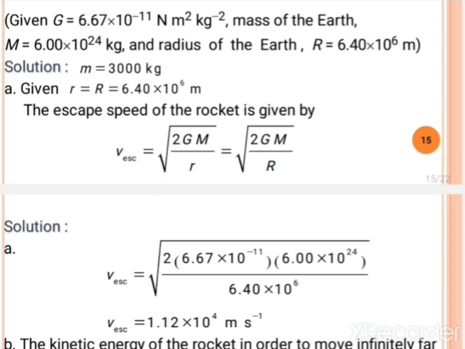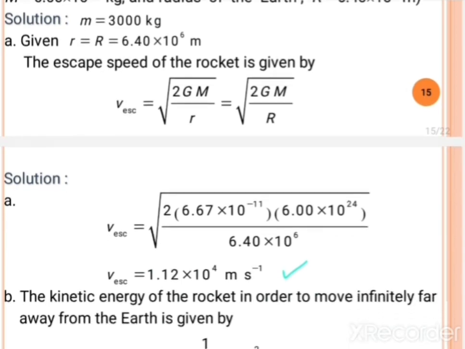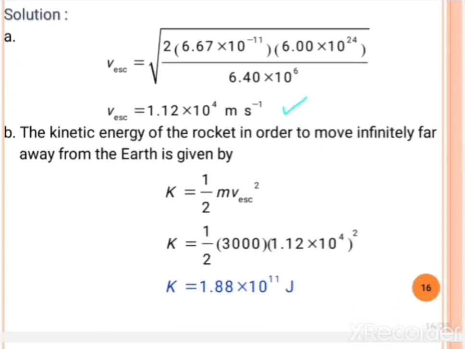So substitute the values. Remember, M here is the mass of Earth, not the mass of the rocket. Don't confuse it. Velocity escape equals 1.12 times 10 to the power of 4 meters per second. Question B. Kinetic energy of the rocket in order to move infinitely far away from the Earth.